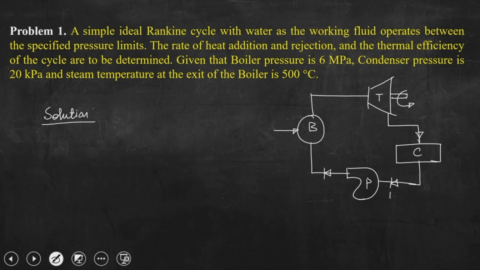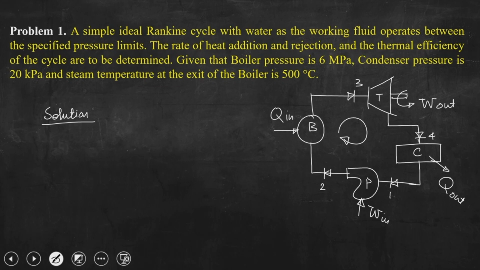So, this is 1, this is 2, this is 3 and this is 4. This is the pump wherein work is added, this is the condenser. So, this is Q out, this is W out, this is Q in. This is the schematic depiction we have discussed so many times.